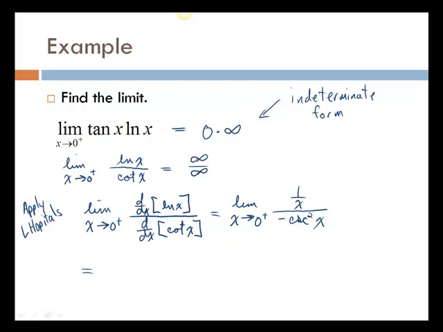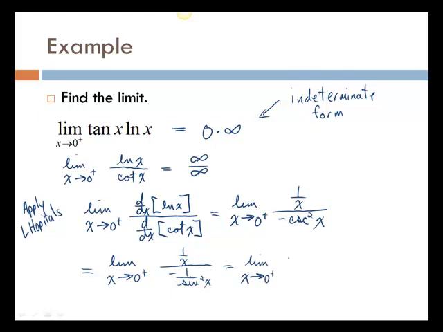But what I'm going to do is rewrite this, I think. Let's see what happens if we rewrite this. The limit as x approaches 0 from the right. 1 over x, I'm going to leave it like that for now, but I'm going to think about this negative cosecant squared as negative 1 over sine squared x. All right, I like the way that looks. Because I'm going to rewrite this now. We've got the limit as x approaches 0 from the right.